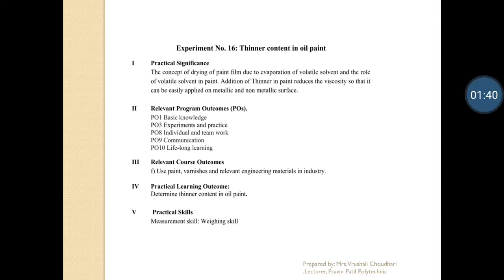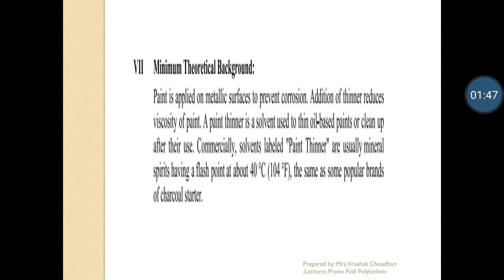Practical skills developed by this experiment are weighing skill, how to weigh paint, and how to remove solvent, that is going to be studied. Minimum theoretical background. Paint is applied on a metallic surface to prevent corrosion, and thinner reduces viscosity of paint, so paint can be easily applied on the surface.